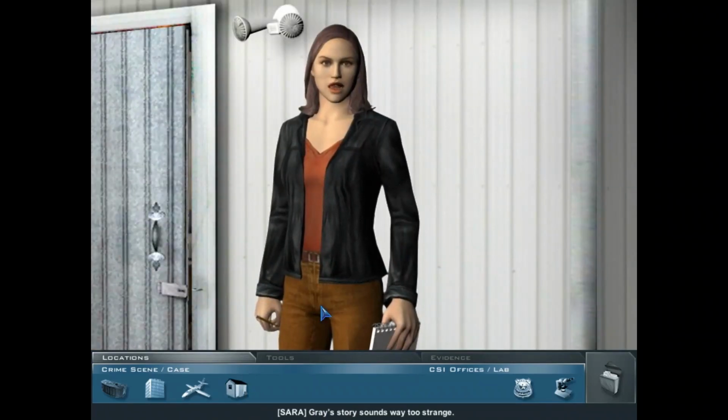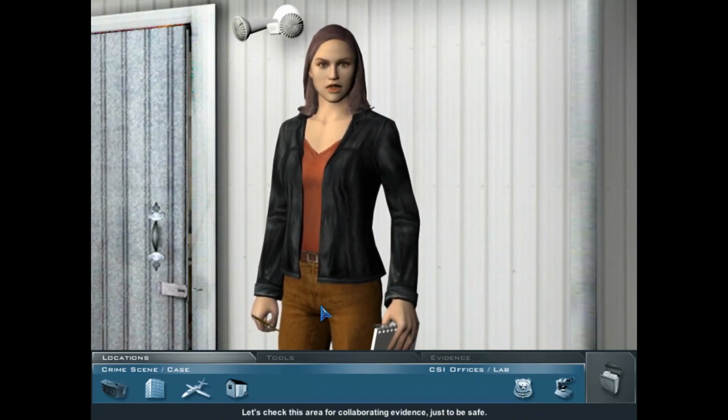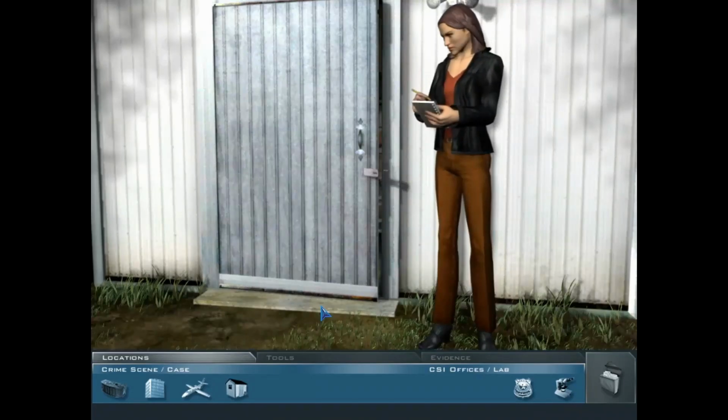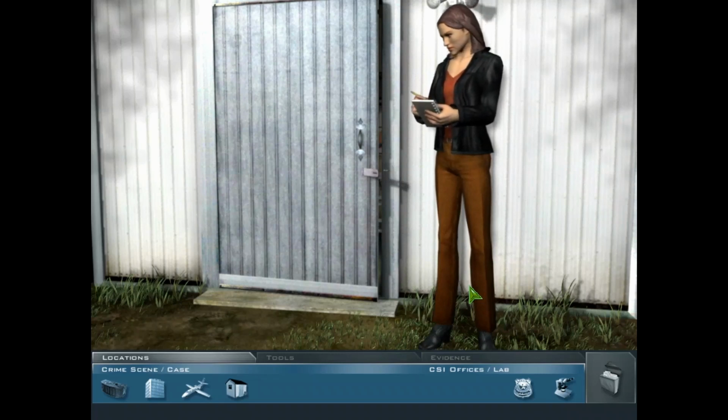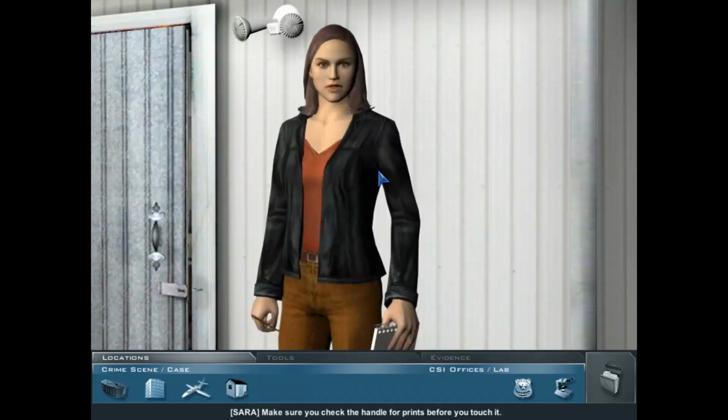Gray's story sounds way too strange. Let's check this area for corroborating evidence just to be safe. Make sure you check the handle for prints before you touch it.